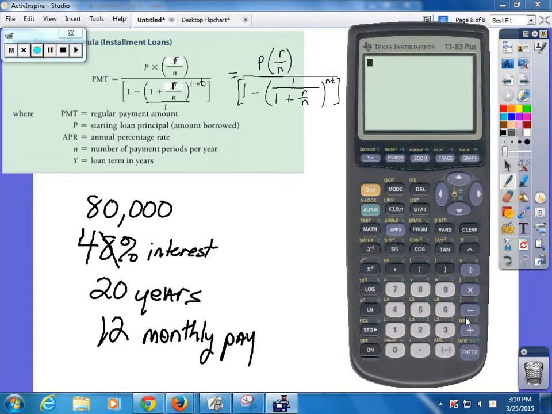And then take 80,000 and multiply by parentheses 0.04 divided by 12. And that's equal to that. And divide by alpha D. $484. What was the payment last time? $670?